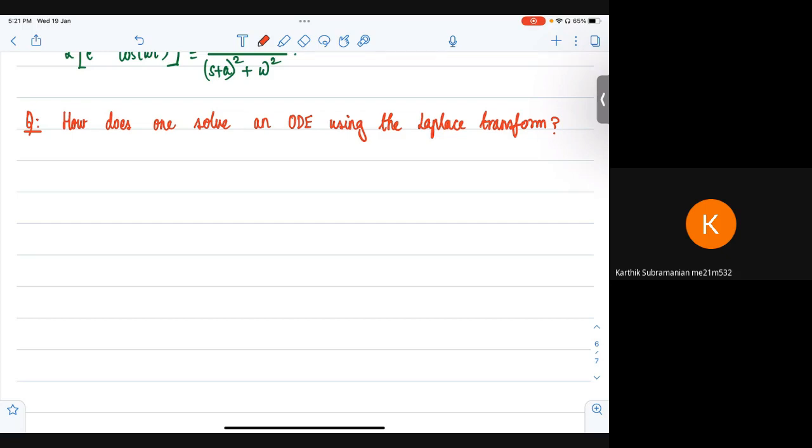So the question now becomes: how does one use the Laplace transform for this? Let's learn by doing a few simple examples.